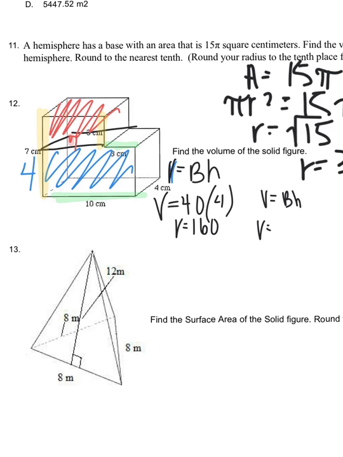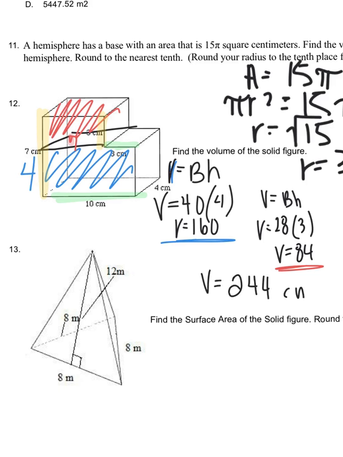So it's 7 times 4 on the bottom, that'll be 28. And height of that prism on top is 3. Volume of the second one is 84. This was the blue one. This was the red one. Add them together. Volume of this figure is 244 centimeters cubed.